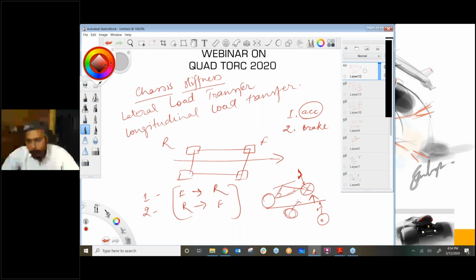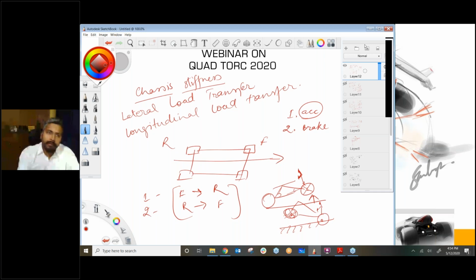And this one also for wishbones. So how do you provide enough members, as minimum as possible, so that you can maintain the weight and also maintain its complexity? So this is the chassis stiffness.